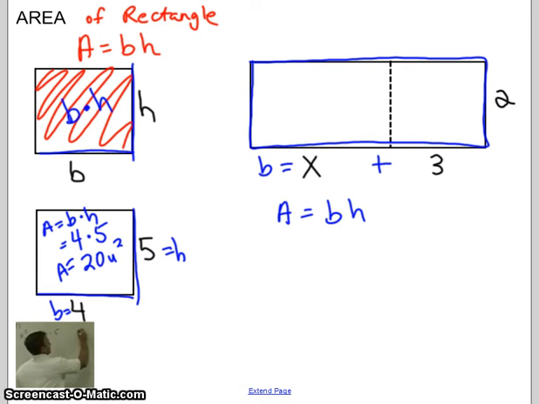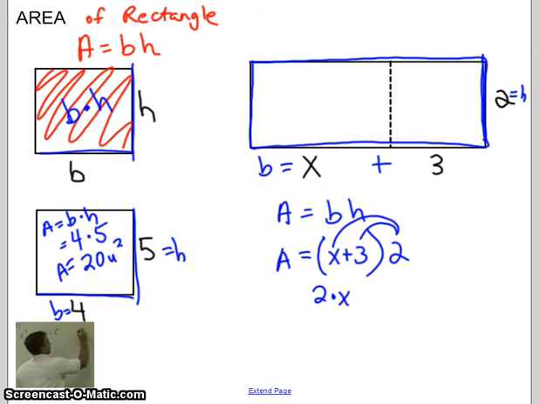So our base is x plus 3, and our height is 2. Well, using the distributive property, we could simplify this. We may not be able to solve for it because we don't have a value for x, but we could simplify it. So we do 2 times x, and then 2 times 3.